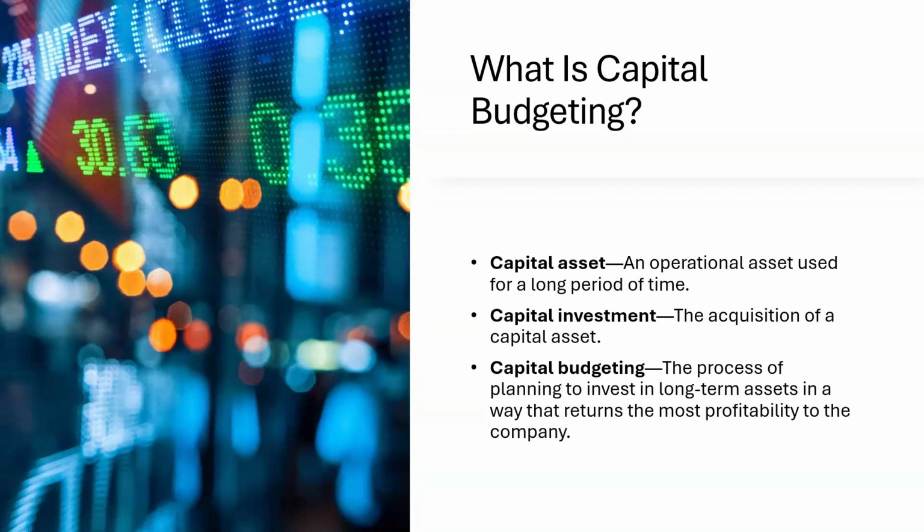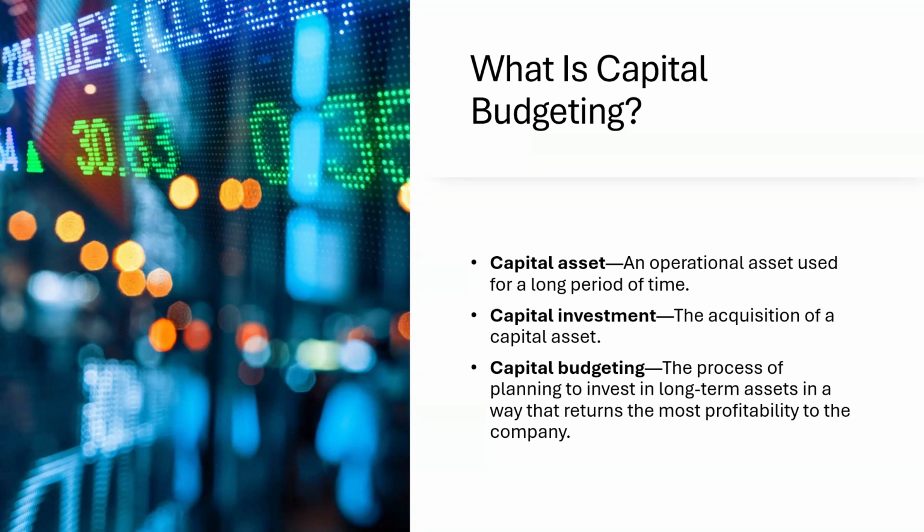Capital budgeting involves planning for investments in long-term assets to maximize the company's profitability. Now, these decisions are crucial because they impact operations for many years and typically require significant amounts of cash.